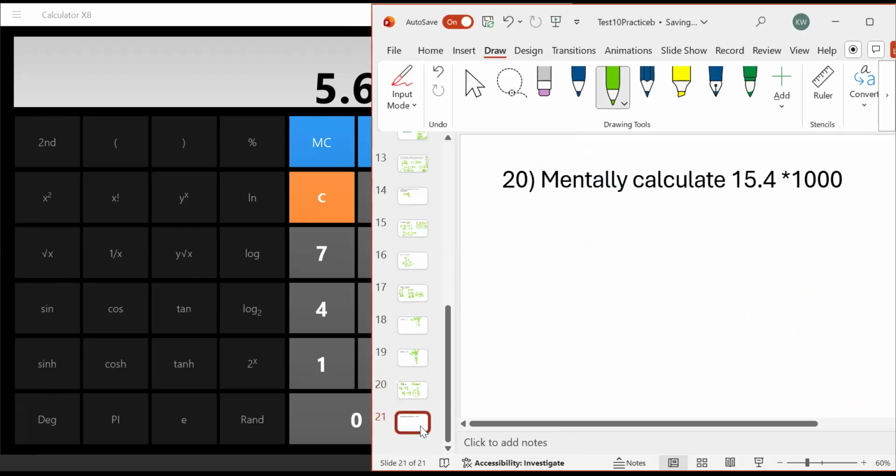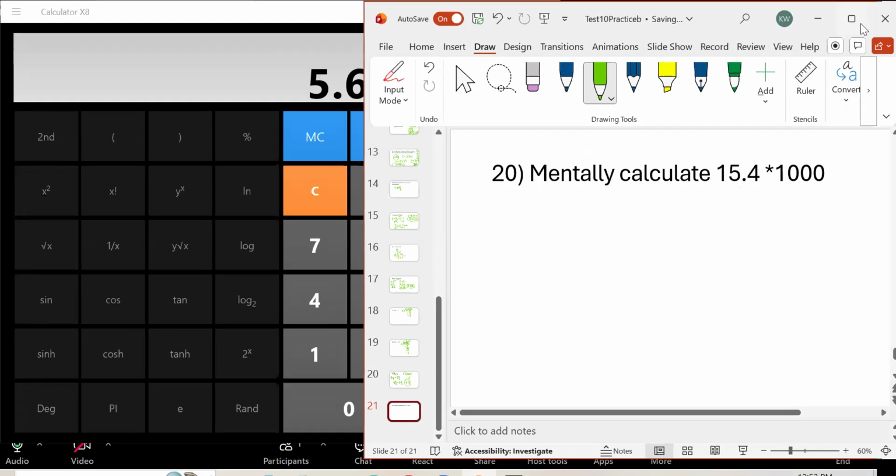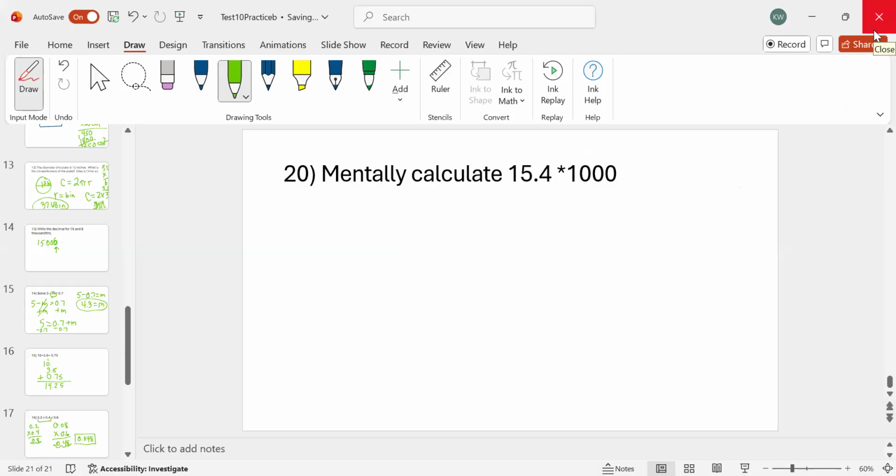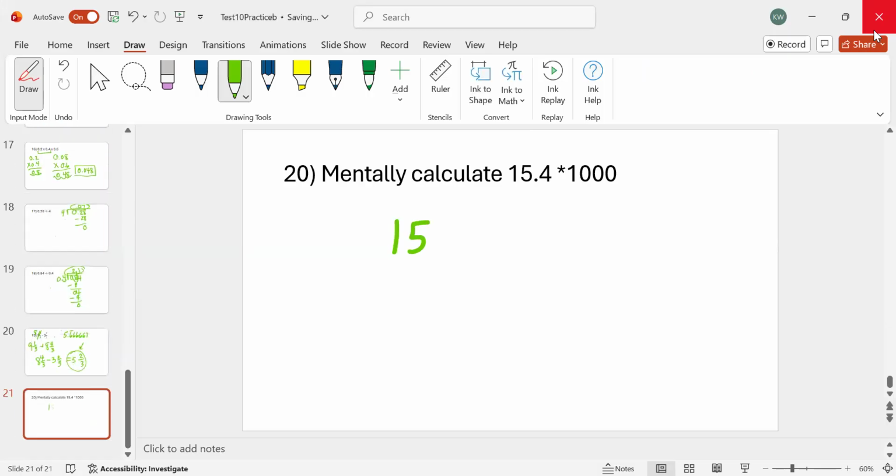All right, we need to mentally calculate 15.4 times 1,000. Now, 1,000 has a lot of zeros in it, just like 10 or 100 or 10,000. And so basically, we can do that by just adding those zeros in those places. So if we start with 15.4 and multiply it by 10, you get 154.